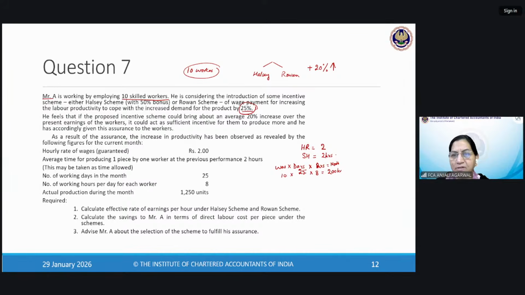So 10 workers working 25 days for 8 hours every day is equivalent to 2000 hours. And actual production during the month is 1250 units.